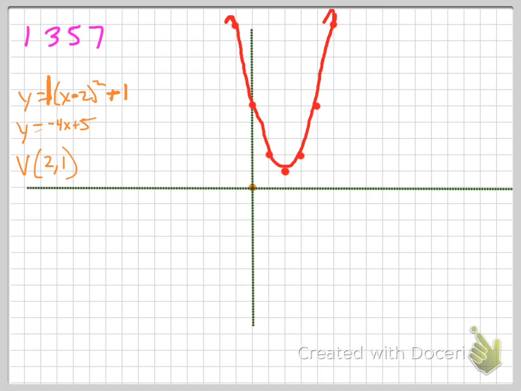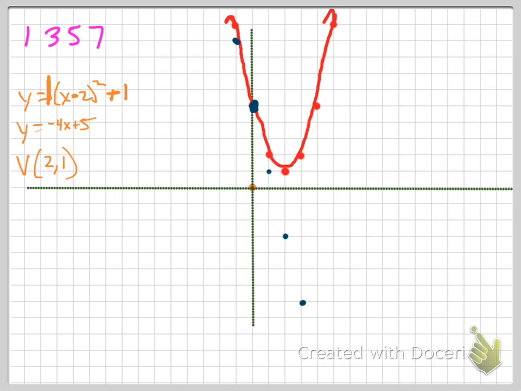So there's my parabola. A line, which you've been graphing for about 4 years, y equals negative 4x plus 5, has a y-intercept of 5. Well, there's one of my solutions right there. And it has a slope of negative 4. So I'm going to go down 4, right 1 a few times, and up 4, left 1.